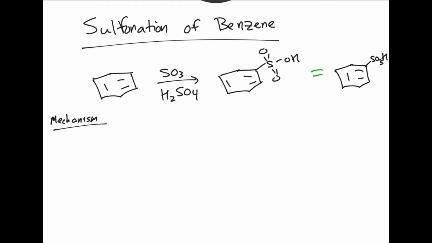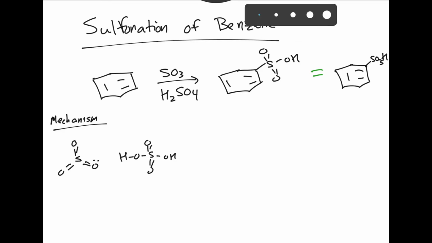So the mechanism here is pretty straightforward. We've got to make our electrophile. So this is the structure of SO3. We've got our sulfuric acid, and one of our lone pairs on an oxygen will grab a proton from sulfuric acid.